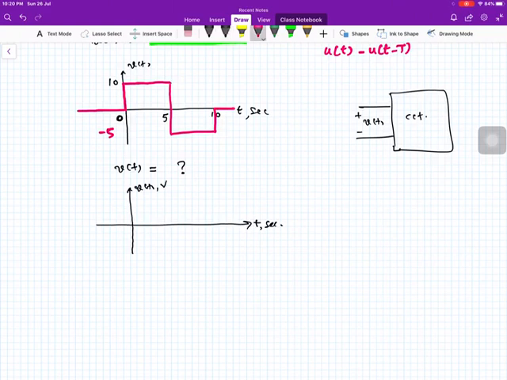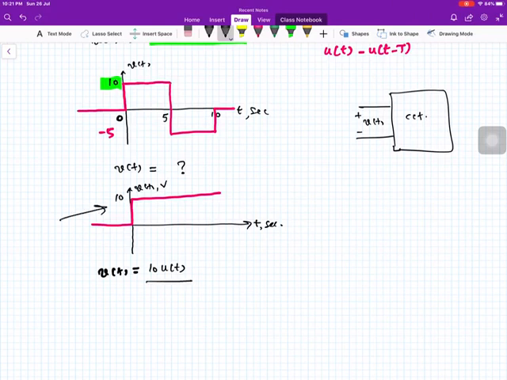Consider a unit step function, and if I consider the unit step function, this Vt is ut, but we need an amplitude of 10, therefore I write 10 over here. So this is the waveform of this signal, 10 ut.